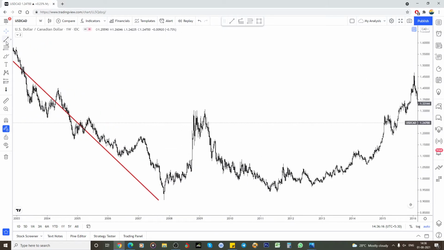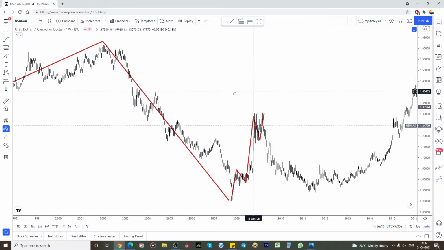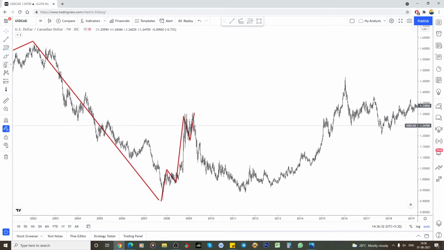Here it's looking like an A, B, C, or it could be a 5-wave structure also, because it's already broken the high. So in any condition, I am looking for a 5-wave structure to be completed.